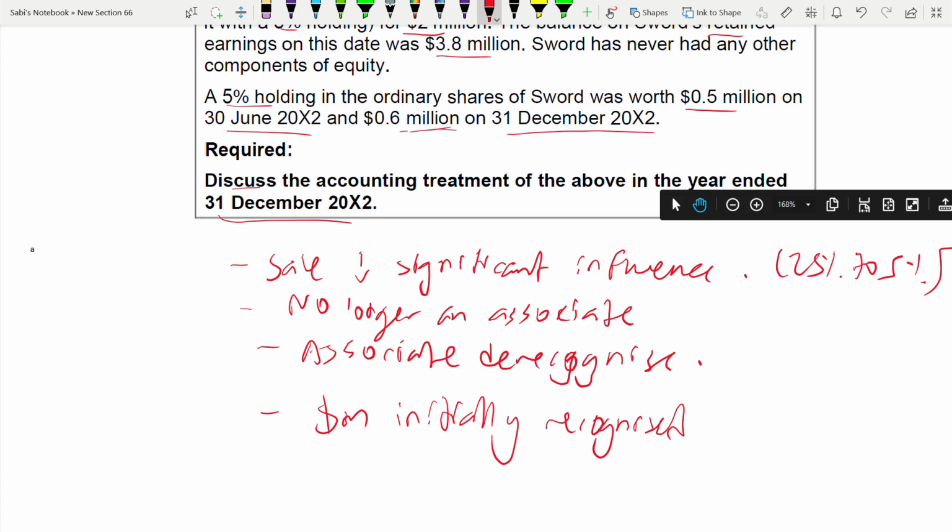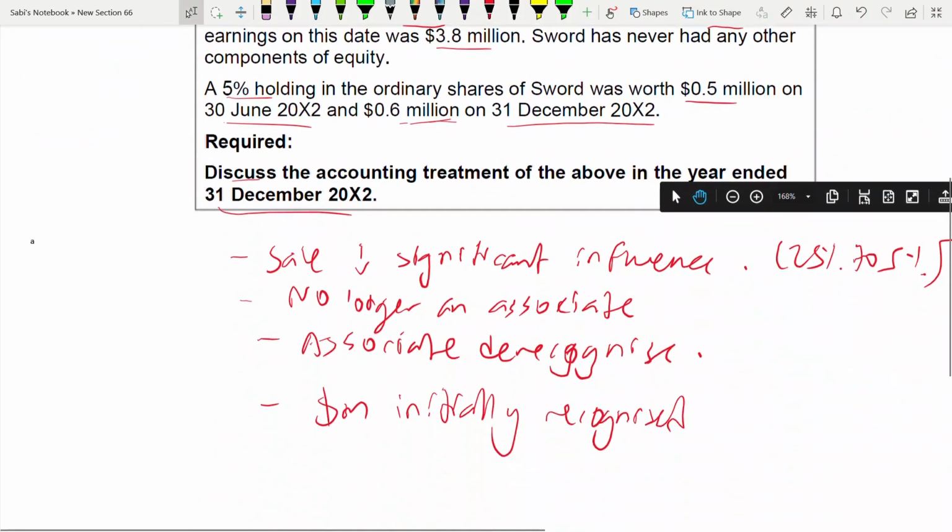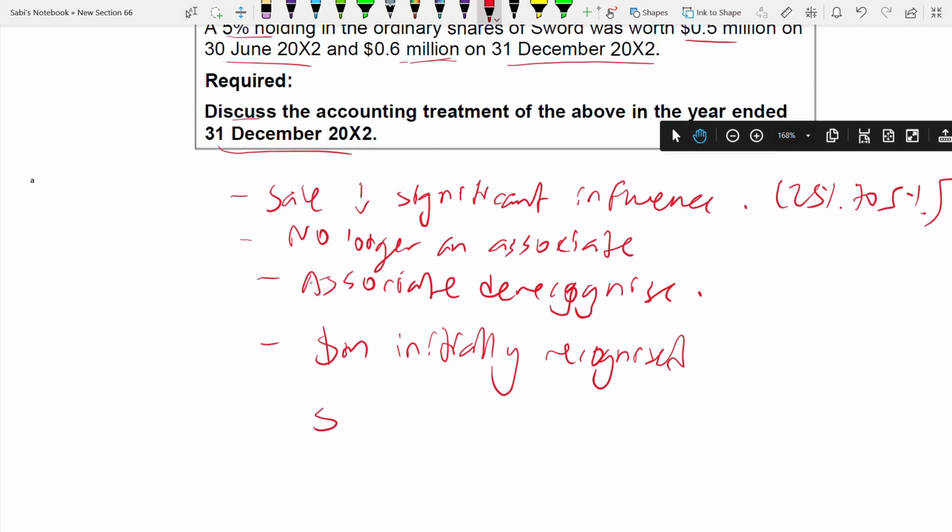Now you have to add the post-acquisition share of profit. Sorry, Raven would account for its share of the associate's profit. So with this 1 million, you have to add plus, what is it? The associate was 25%. How do you get the profit?